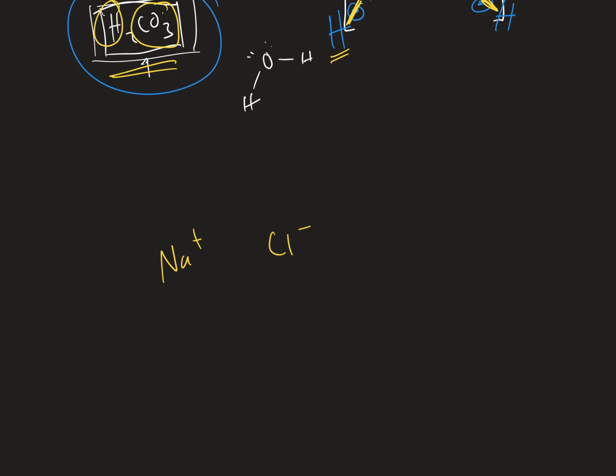A metal is not ionic. But a metal with a nonmetal together is ionic. Make sense? If you just have copper, it's not an ionic compound, it's a metal. An ionic compound has a metal and a nonmetal, in general.